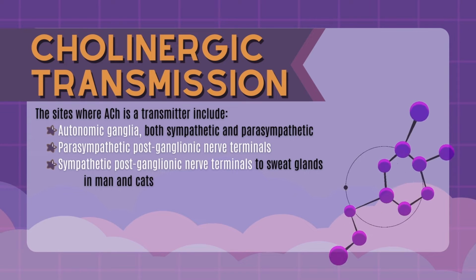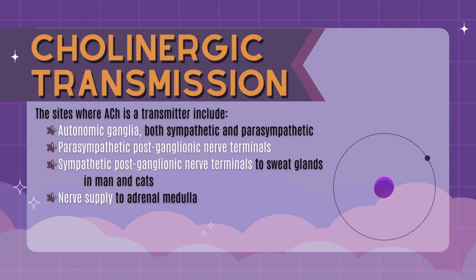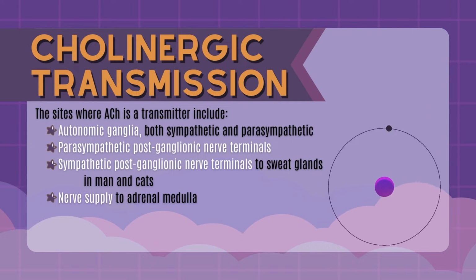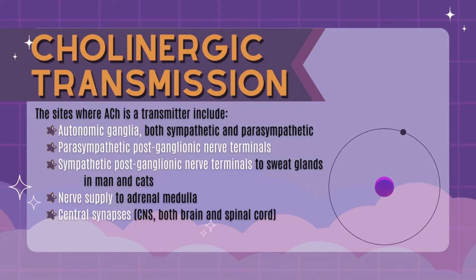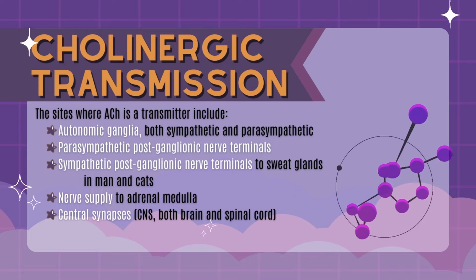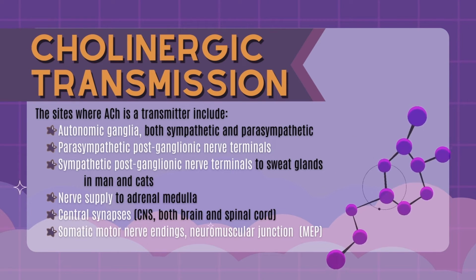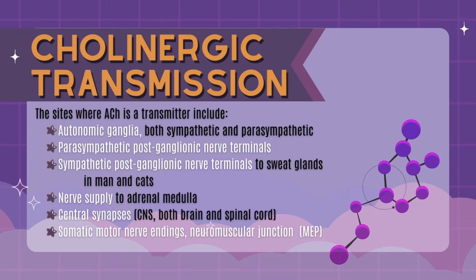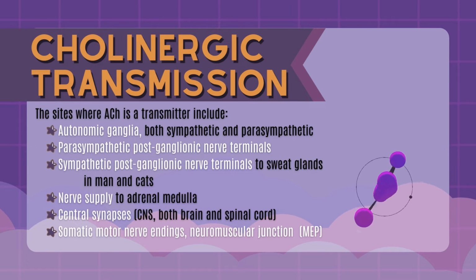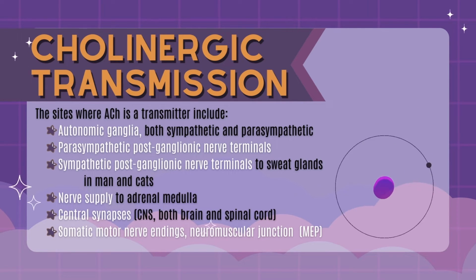Then the sympathetic postganglionic nerve terminals to sweat glands in man and cats. Then the nerve supply to the adrenal medulla. Also the central synapses, or the CNS, both brain and spinal cord. Lastly are the somatic motor nerve endings and neuromuscular junction, or MEP.